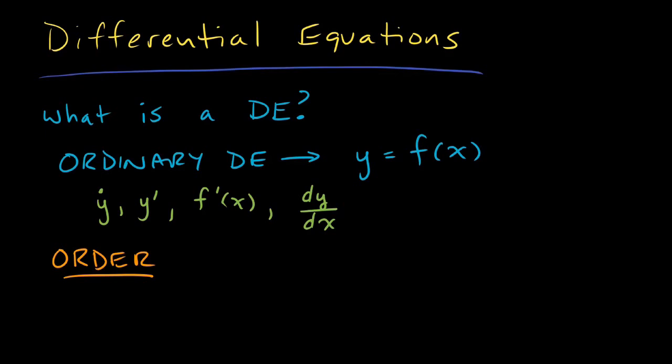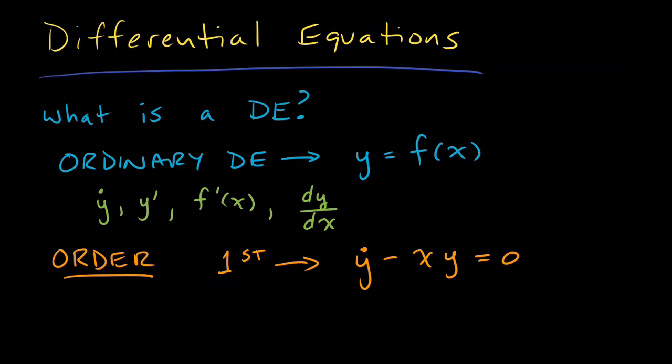One with the third derivative in it would be a third order differential equation. So as an example, for first order, we would have something like, for example, y dot, or y prime if you want to call it, y dot minus xy equals 0.